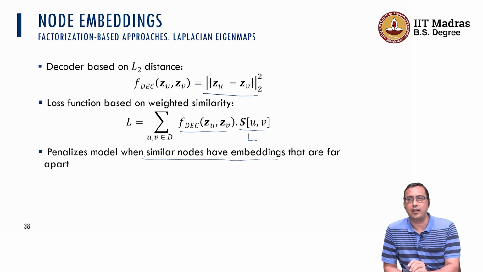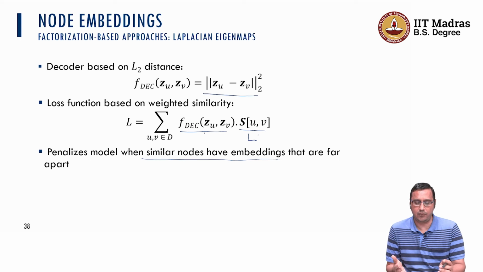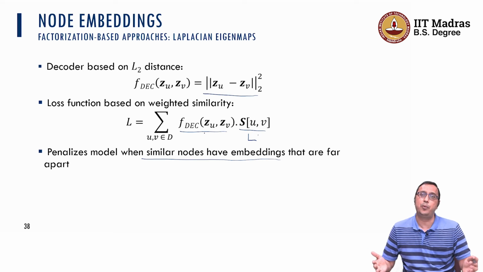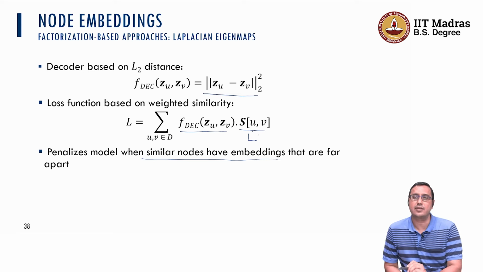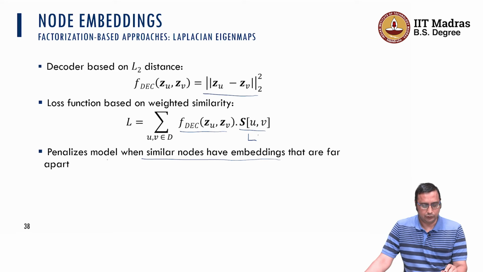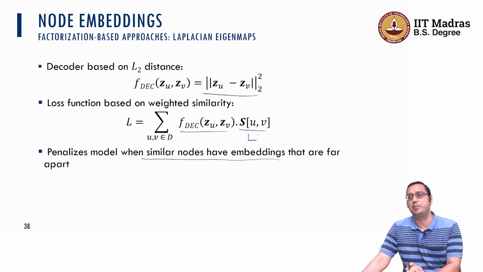Think that if there is an element 1 here, and if u and v are nearby, but in embedding space we put them very far, then it will penalize accordingly. It will actually magnify accordingly. So this particular formulation ensures that if u and v are close by nodes in a graph, then that particular structure is preserved while performing the embedding tasks.